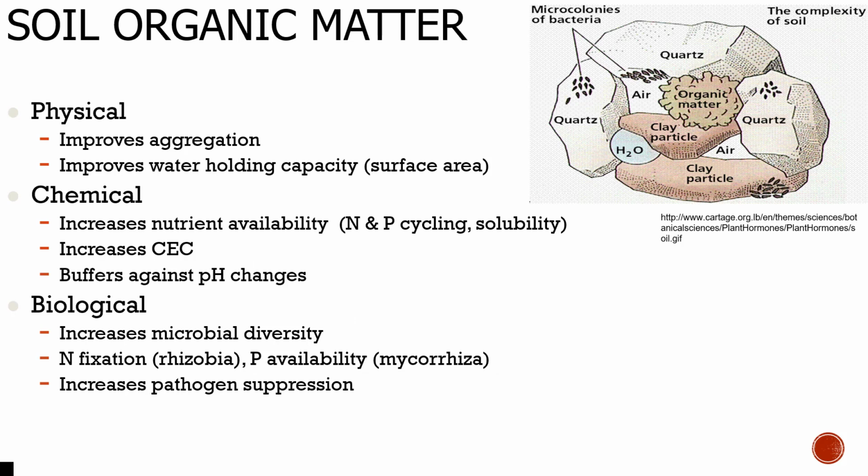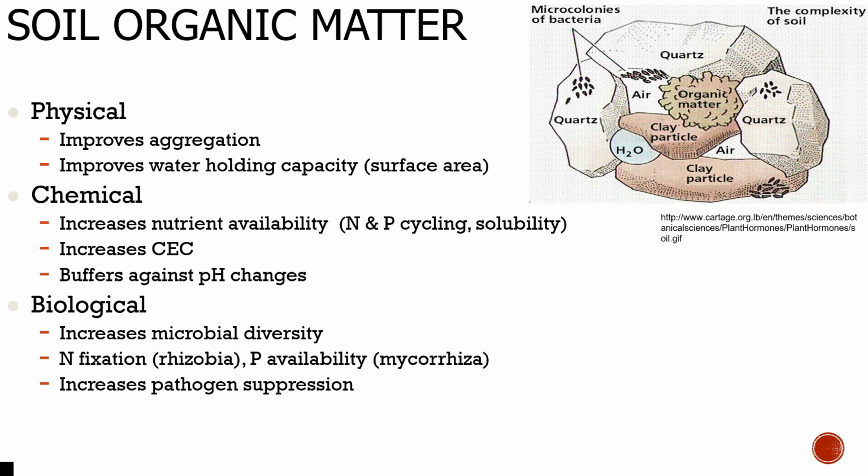We're going to talk much more about soil organic matter, but just to let you know the different ways that soil organic matter affects structure of soil. Physically, it improves aggregation. It improves water holding capacity. Chemically, it increases nutrient availability, nitrogen and phosphorus cycling, solubility.